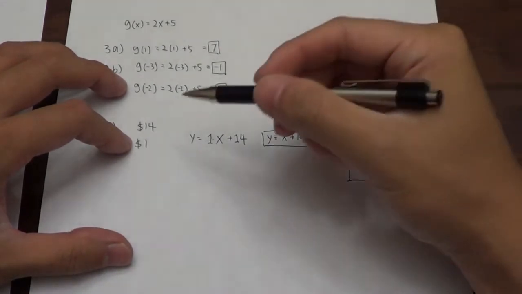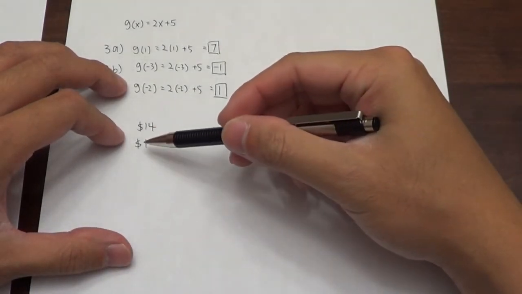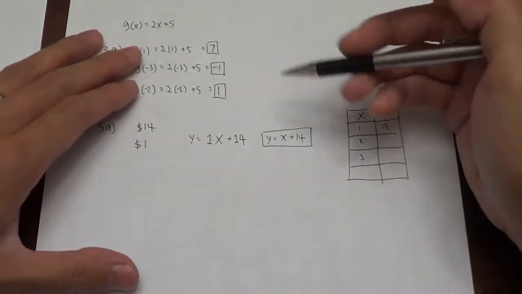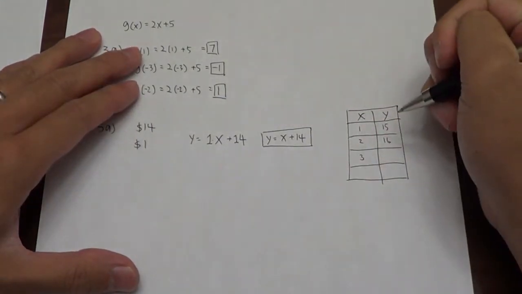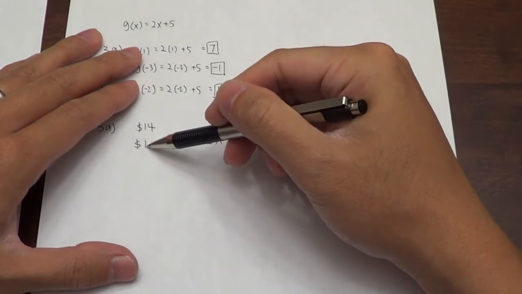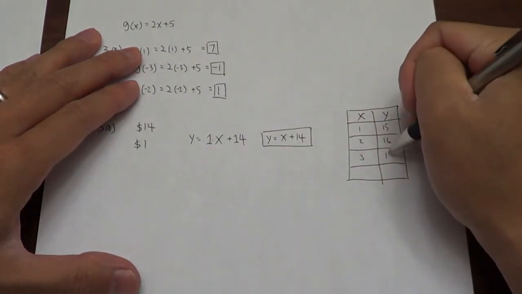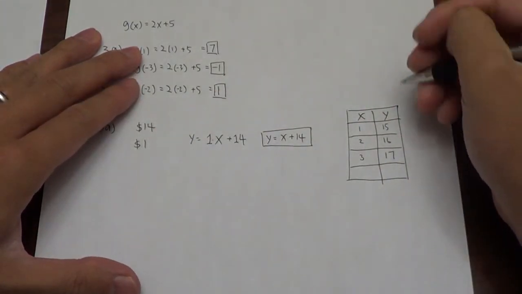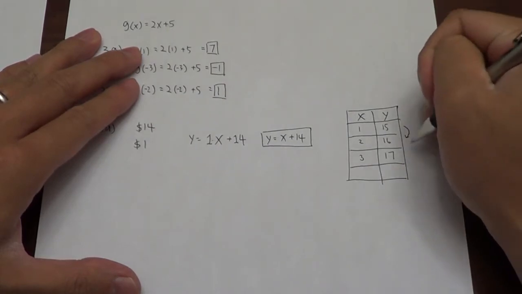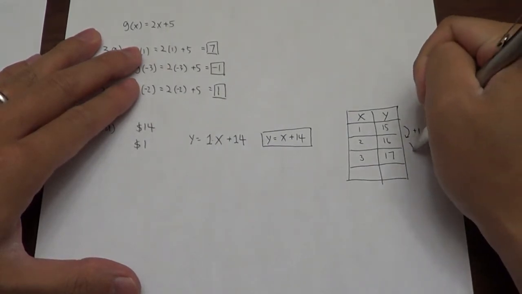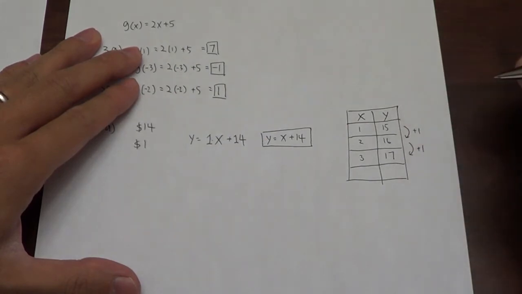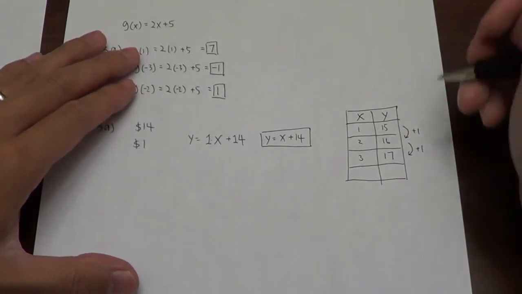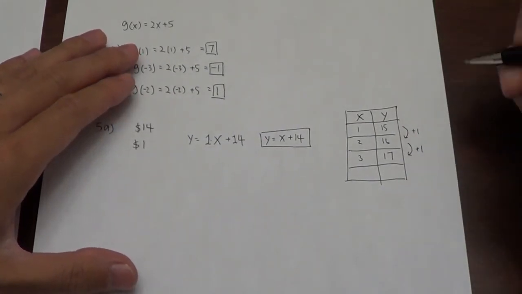If we make 2 cakes, that would cost us $2 plus the 14, so that will give us 16. If we make 3 cakes, that will cost us $3 plus the 14, that will be 17. So it looks like our pattern going from here is +1, over here is +1. So that is our constant rate of change.